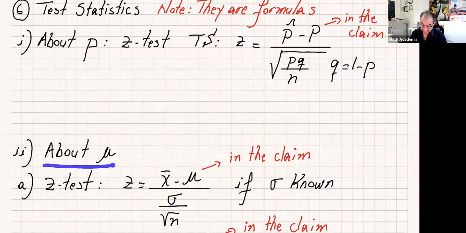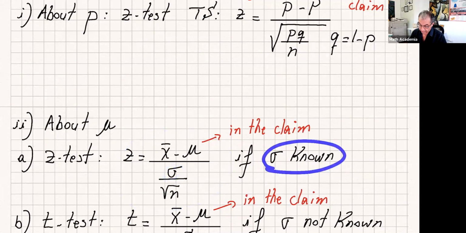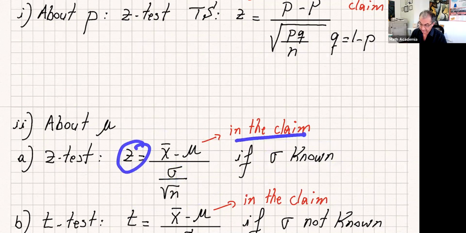If the claim is about mu or population mean, you do z-test, and the formula is x bar minus mu over sigma over square root of n if sigma is known. So you use that, and it's a z-value, and this is in the claim.